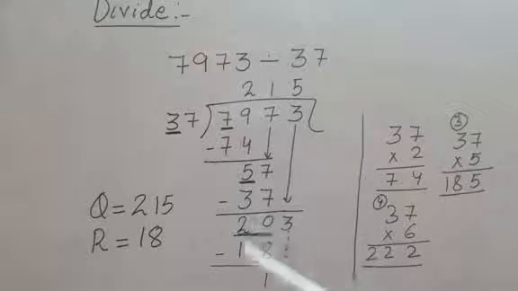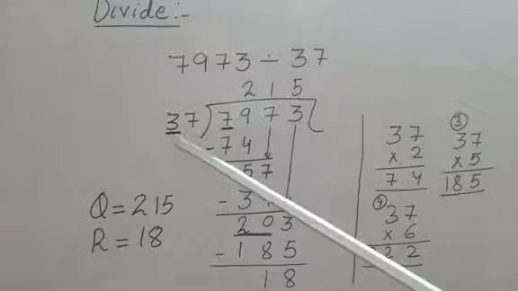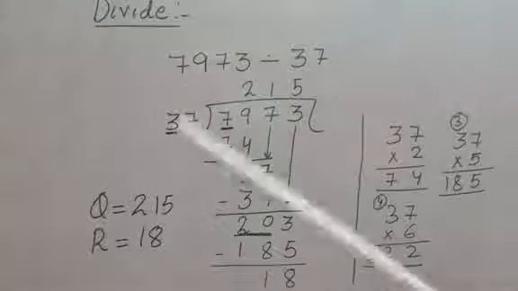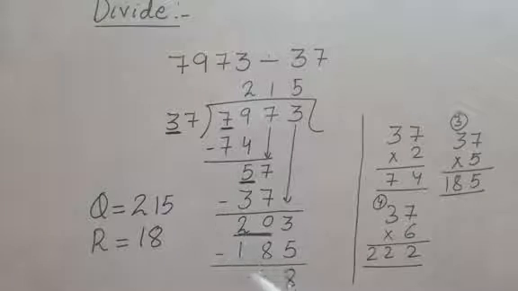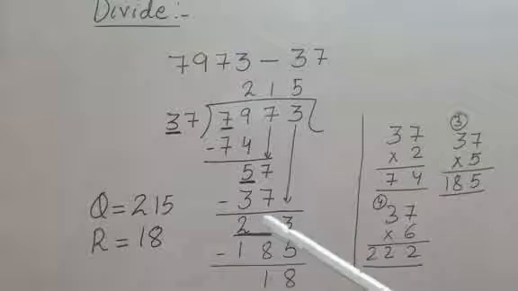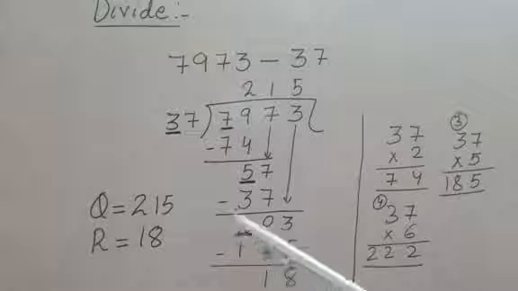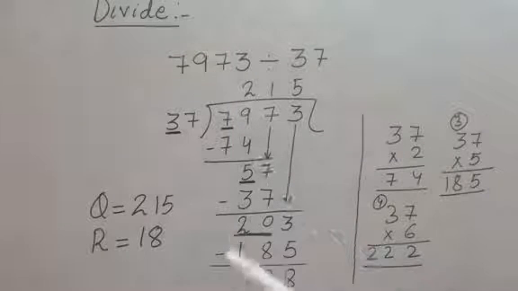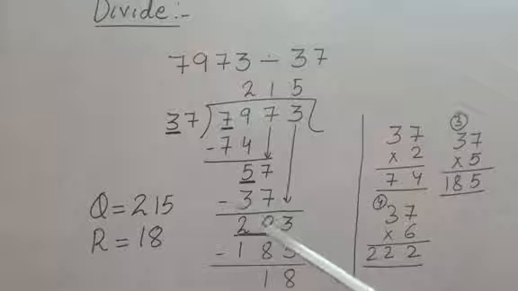Again I need to see how many times 37 goes into 203. Okay, but we don't know the table. So what will I do here? I am having 3 digits in my dividend. So here I will not see the first digit, I will see the 2 digits together. If you have 3 digits in the dividend, in such a case, you will take the 2 digits of the dividend.